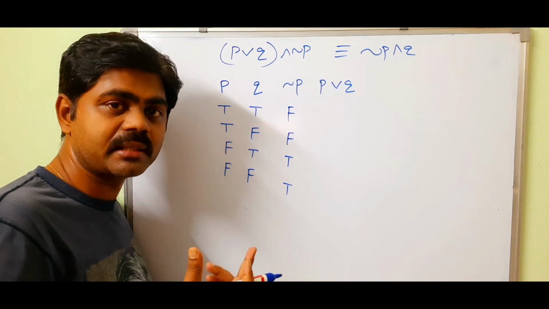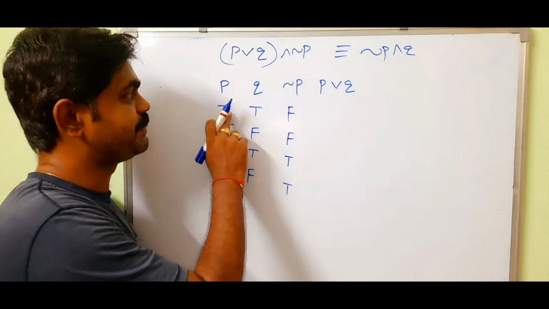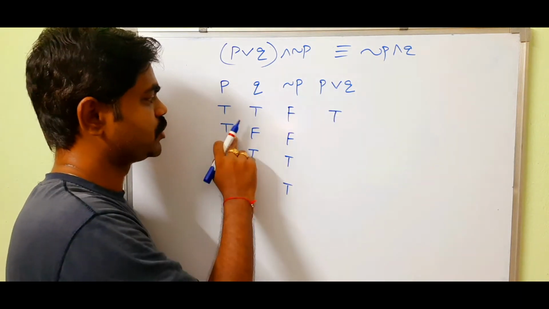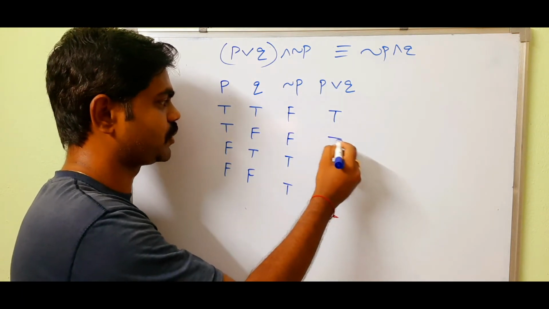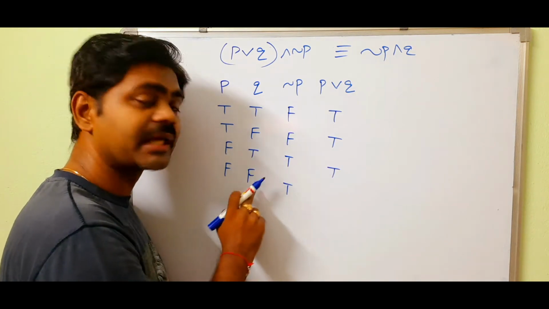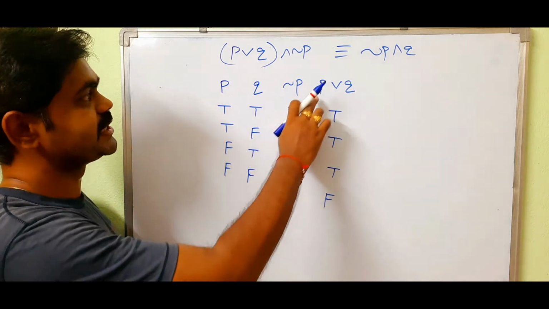But for OR, either one can be true, then it will be true. So if you see P and Q: true true gives true, true false gives true, false true gives true, and both false gives false. So now this is P or Q.